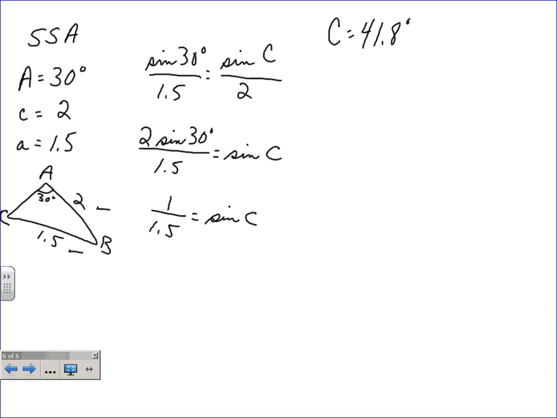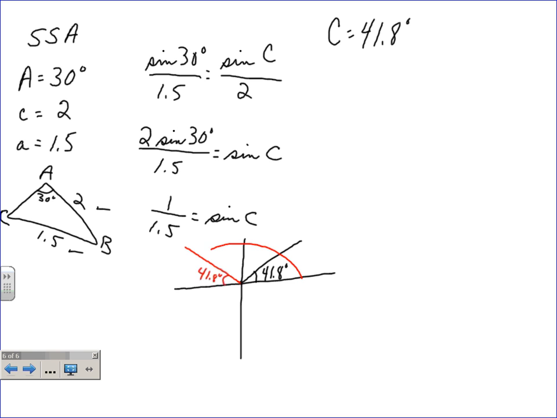Is it possible to have another angle? Now here's what you have to do. Let's make a little drawing here. Here's 41.8 degrees. What quadrant do I have to check in? Quadrant 2. Quadrant 2, where the reference angle is 41.8.